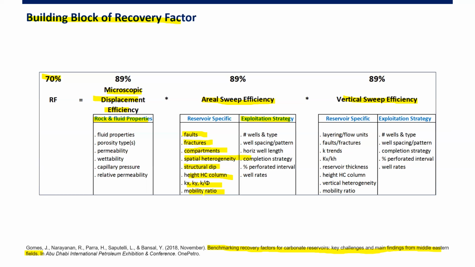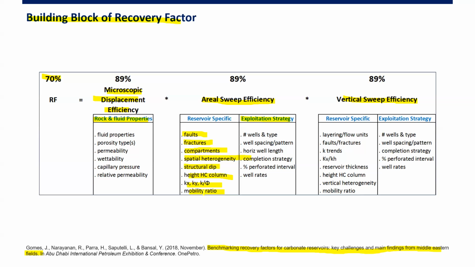So it's reservoir specific. You can say it's given, it's nature. Nothing you can do about the faults, nothing you can do about the fractures. Maybe you can do something to avoid reactivating the fault, or to avoid generating fractures. But if it is a natural fault, natural fractures, natural compartmentalization, then nothing you can do about it.